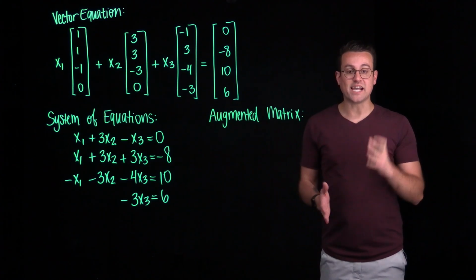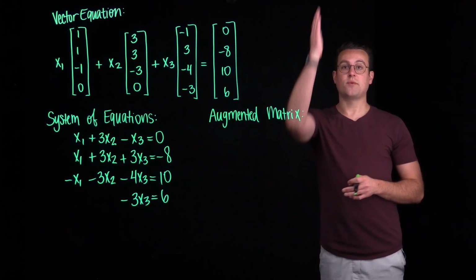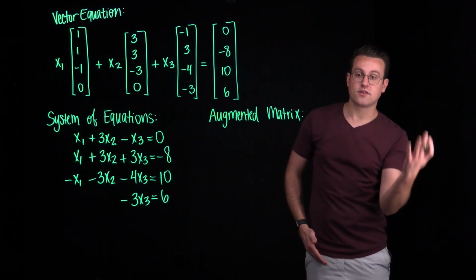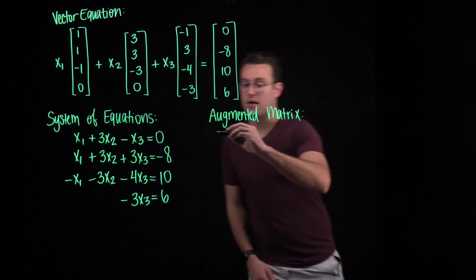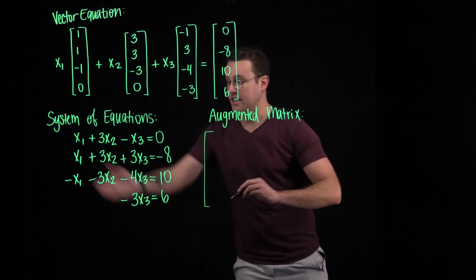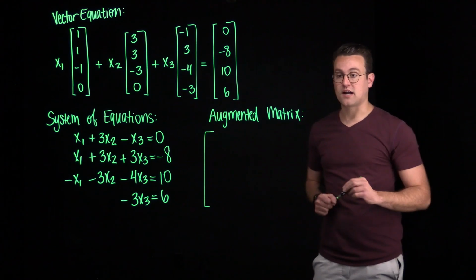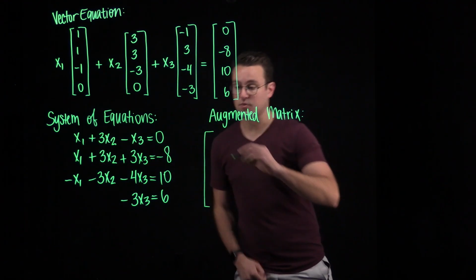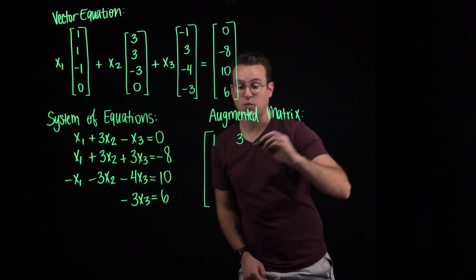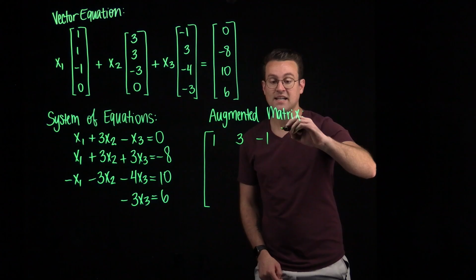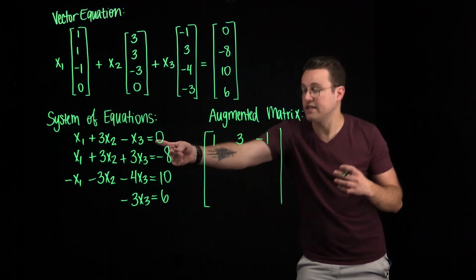Here we think about each column as representing one of our variables, and then we'll have a solid line, and the stuff on the other side will represent our constants. So I'll make a matrix here. Each equation is going to give me a row, and each variable gives me a column. So I have 1x1 plus 3x2 minus 1x3. We use this vertical line to simulate the equal sign.